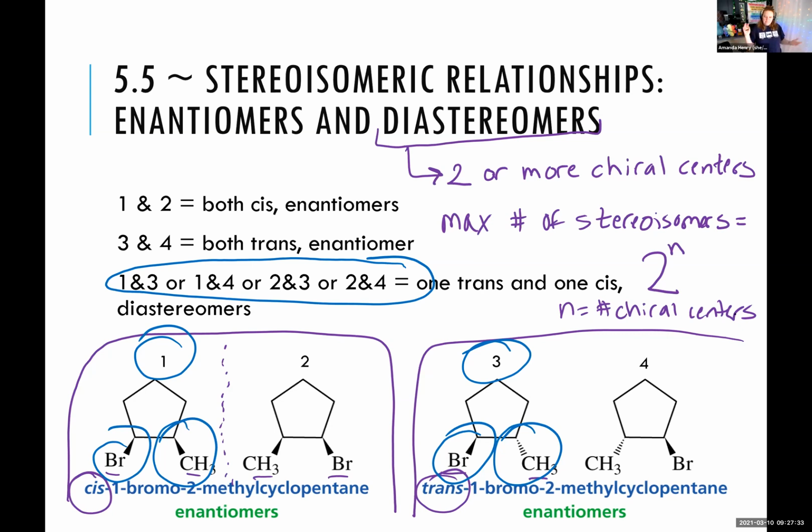It can be pretty quick to see that that makes sense. When we have 3 chiral centers or 4 chiral centers, when we're getting to larger molecules, that can be harder to picture. I wouldn't put something that big on the test because it would take up too much of the test. But that is the formula that we can use to figure out how many stereoisomers there are.